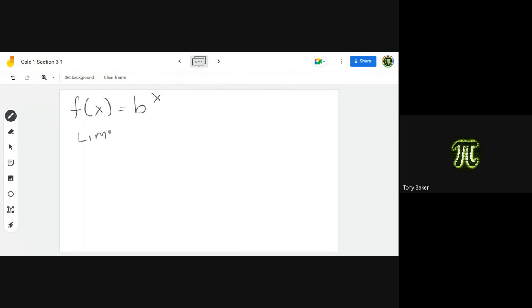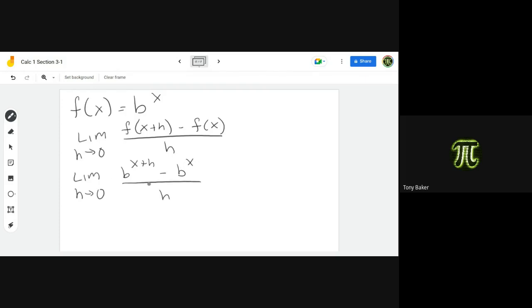So I have the limit as h goes to 0 of f of x plus h minus f of x over h. All right. So let's try to simplify this.